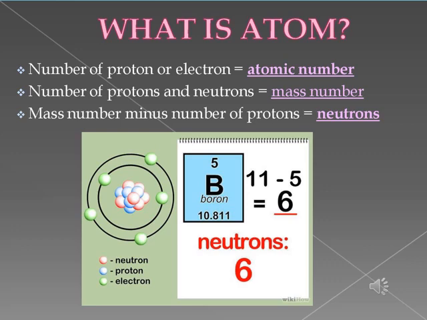When you have those values, mass number and atomic number or proton number, you can find your neutron number. How do you find your neutrons? You take the mass number, which is 11, minus the number of protons, which is 5, and then you will get 6, which is your neutron number.